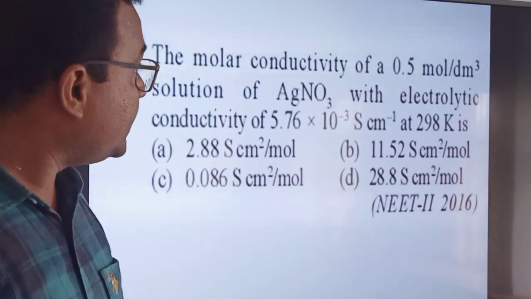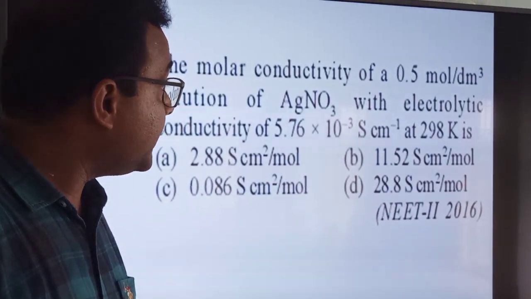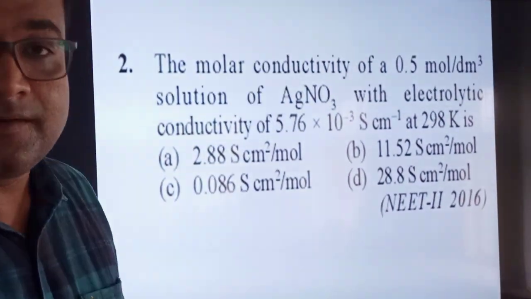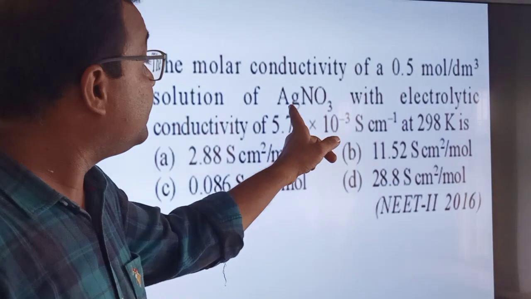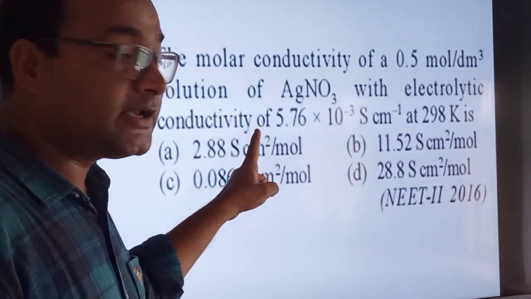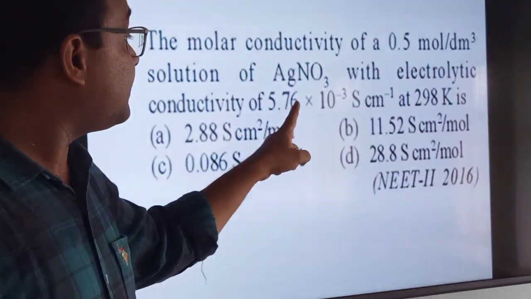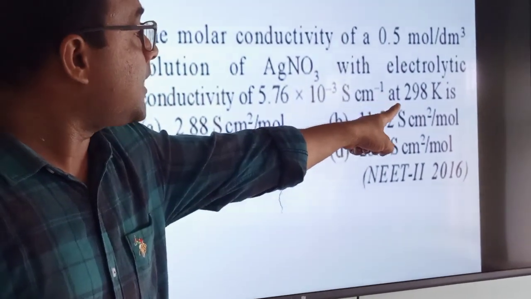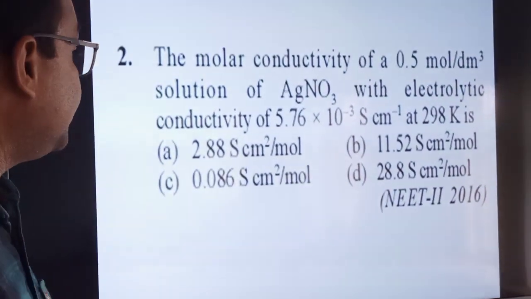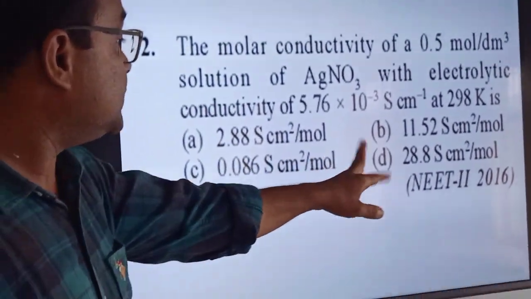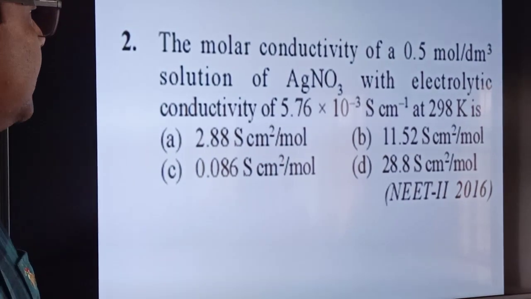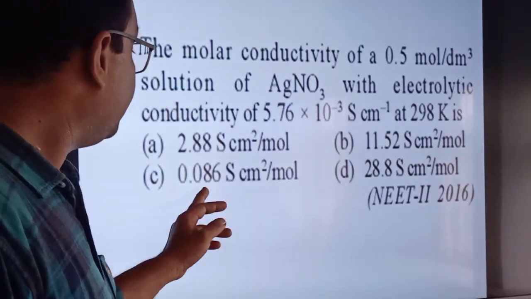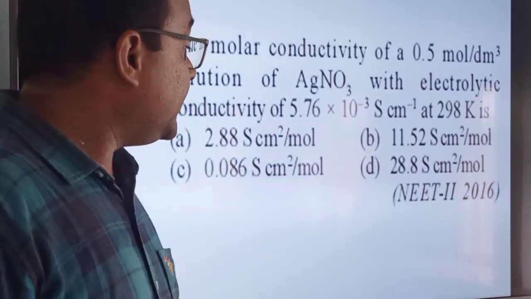The molar conductivity of 0.5 moles per dm cube, that is, concentration, molarity is given, solution of silver nitrate with electrolytic conductivity of 5.76 into 10 power minus 6 Siemens per centimeter at 298 Kelvin is, and four options: 2.8, 11.52, 0.08, 28.8.